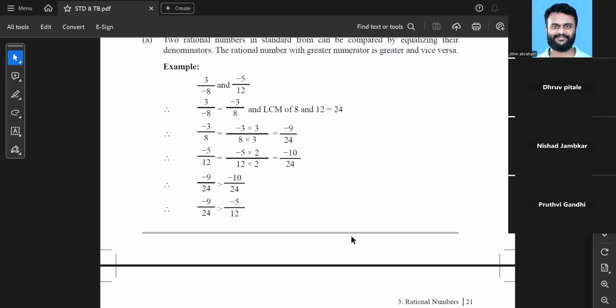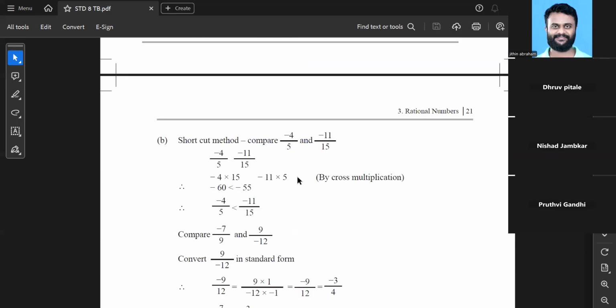Okay. So what I was saying, whenever we wish to compare two rational numbers, you're supposed to make the denominators common. Once you make the denominator common, you can easily compare which rational number is greater and which one is lesser.